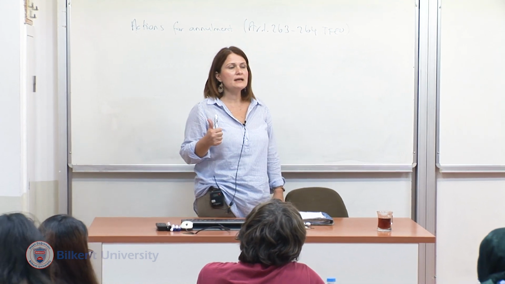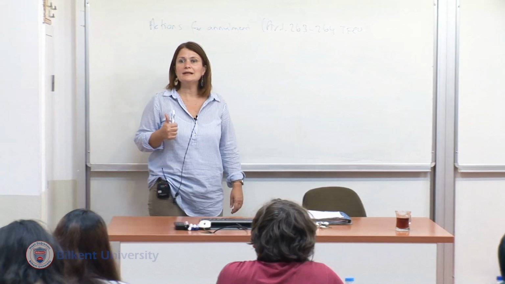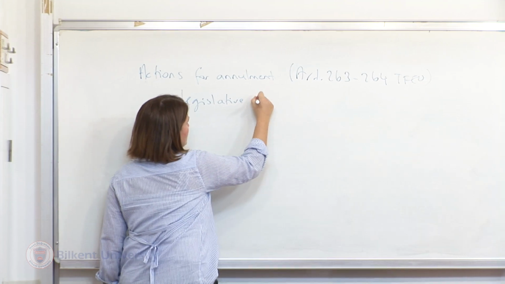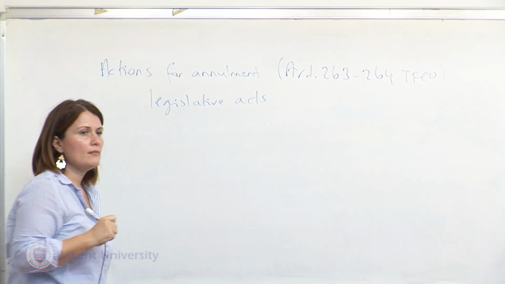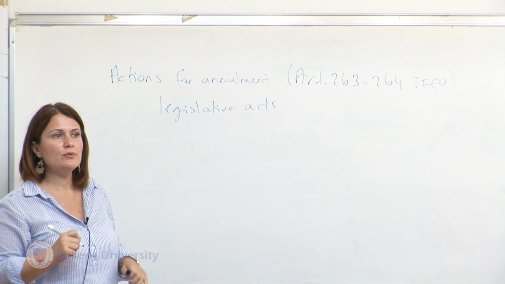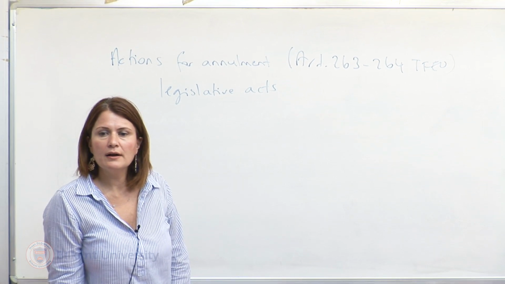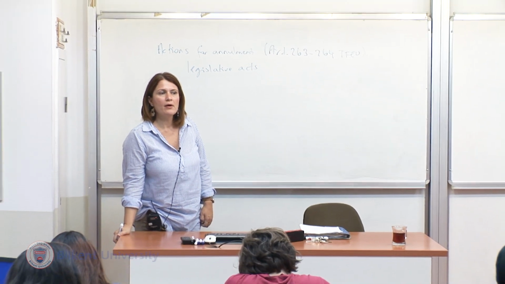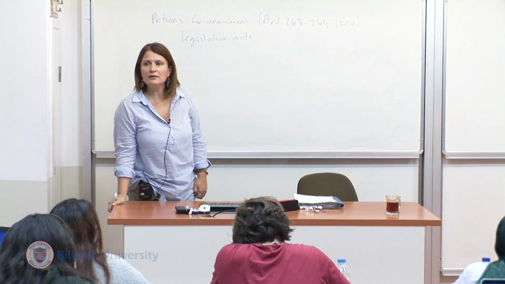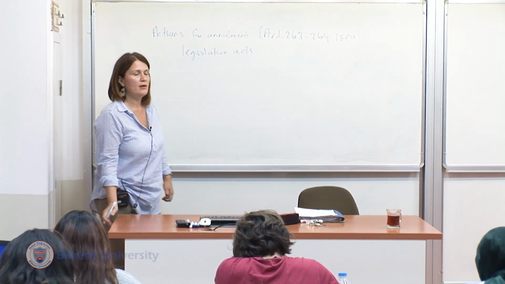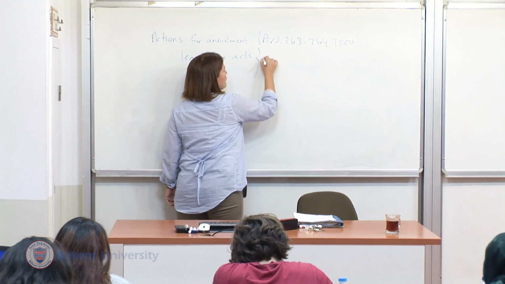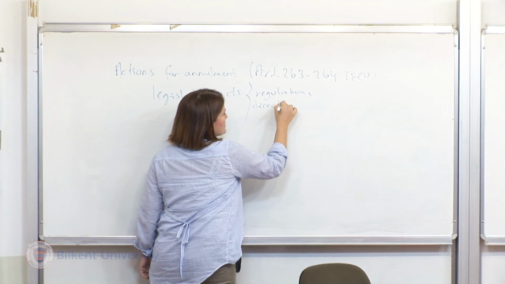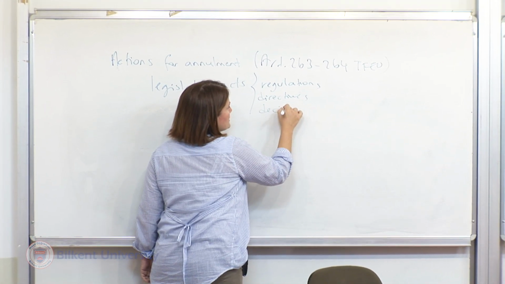The first is legislative acts. The legislative acts, as you will be seeing later, are the acts which are adopted by the Council and the Parliament in the form of regulations, directives, and decisions.